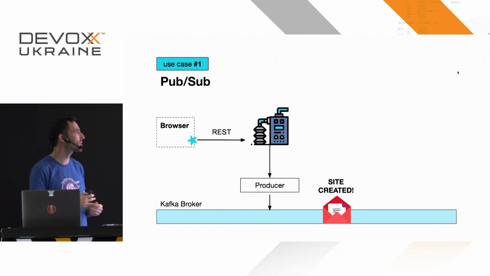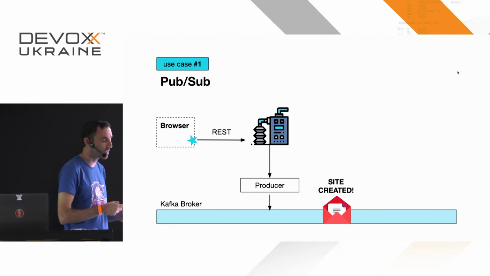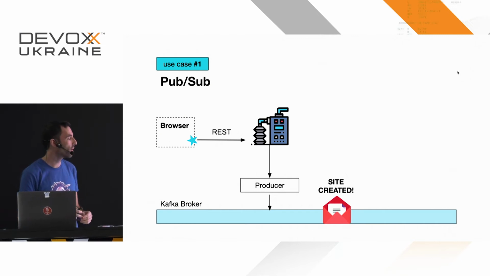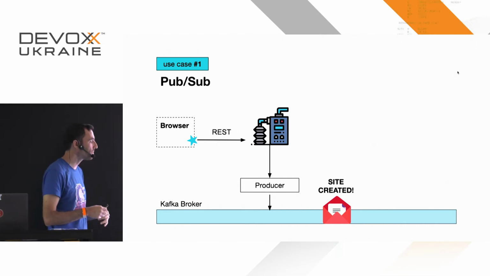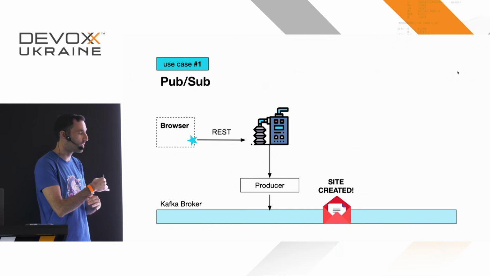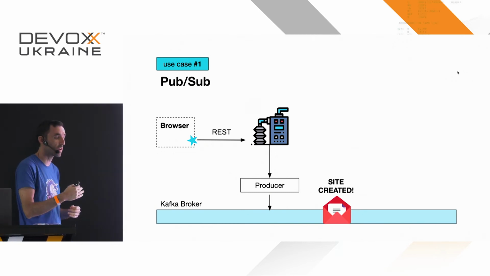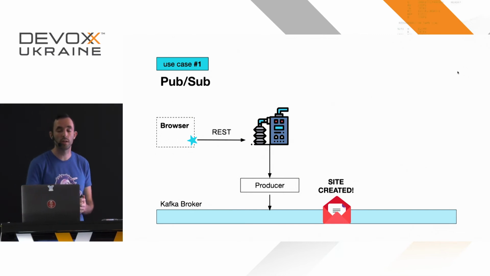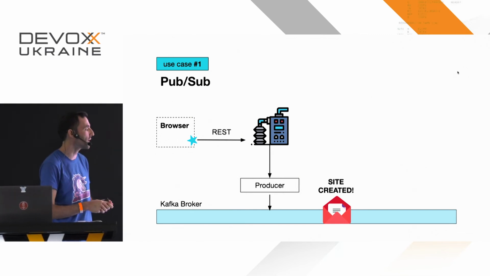So, for instance, the classic use case is publish-subscribe, where you want to have the opposite direction of request-reply. You don't want to get bombardments, like they mentioned in the previous talk, for some legacy database.